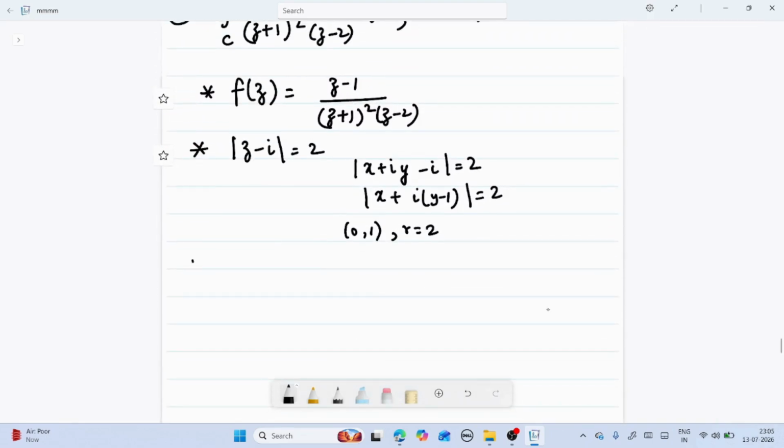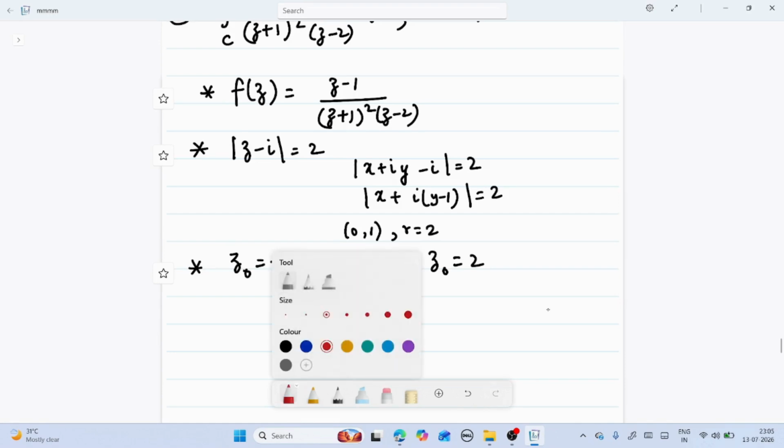Now what are the poles here? The poles here are z naught is equal to minus 1, which is a pole of order 2, and the other pole is z naught is equal to 2. Now we will have to check which pole is lying inside the given circle, or whether both the poles are lying inside the circle or not.